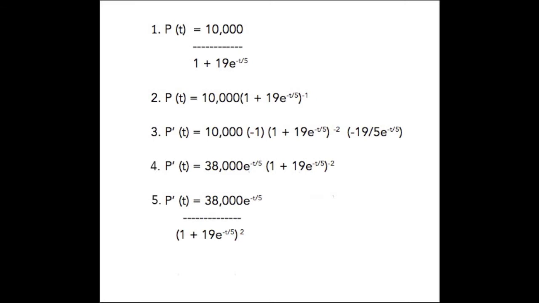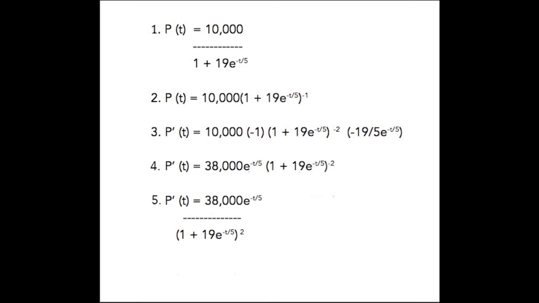And then with that you will do the chain rule, which will give you 10,000 times negative 1, your equation between parentheses, and the derivative of the equation in the parentheses.